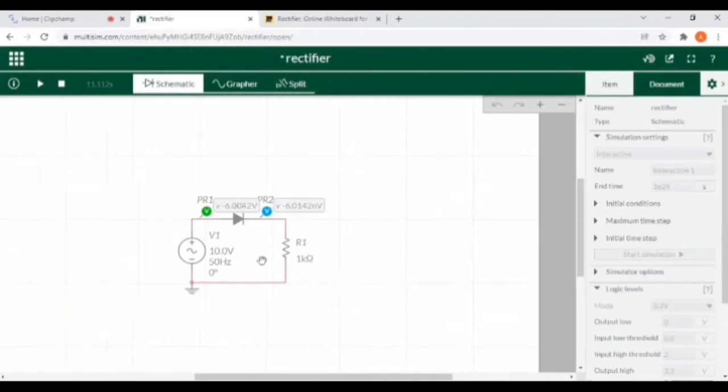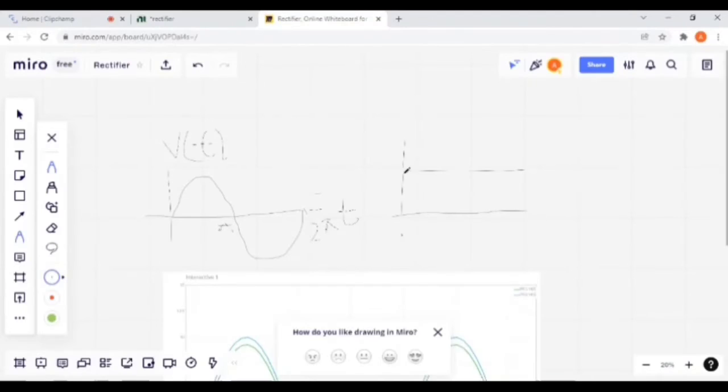Now we want to get a straight line DC voltage, but we get pulses of DC voltage, pulses like this. These pulses are of no use for practical purposes, but the question is how to remove these pulses.